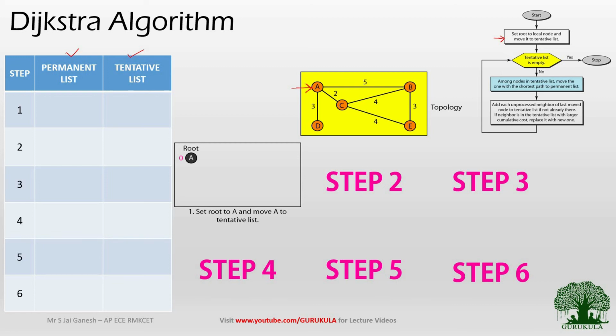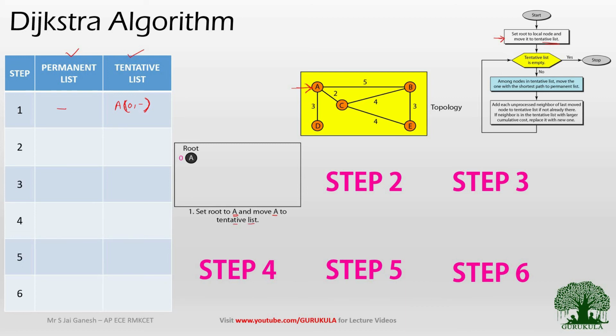First the root node A is identified, and then you need to enter that node in the tentative list. So let us put this entry on the tentative list. Initially the permanent list will be empty, and then we write A: it can be reached with a cost of 0 and it is a directly connected node. We put this information on the tentative list. So set the root node to A and move A to the tentative list. That is what we have done in the first step.